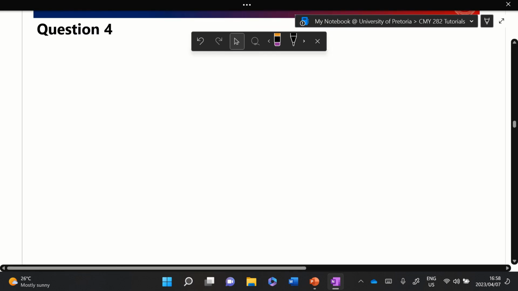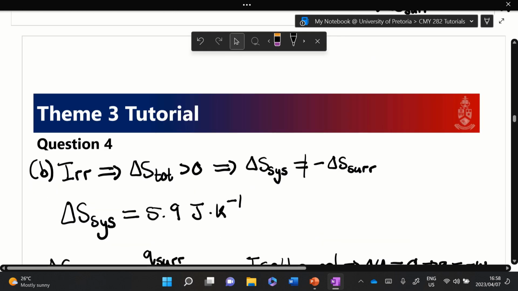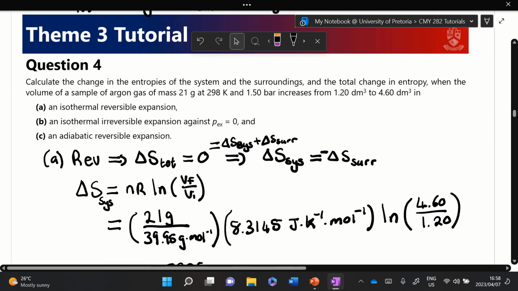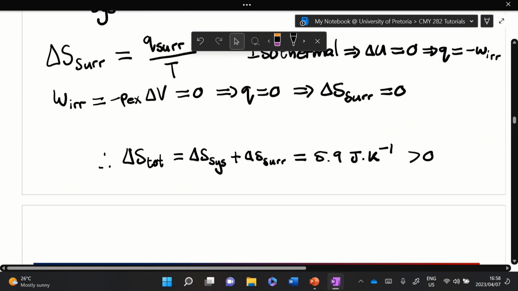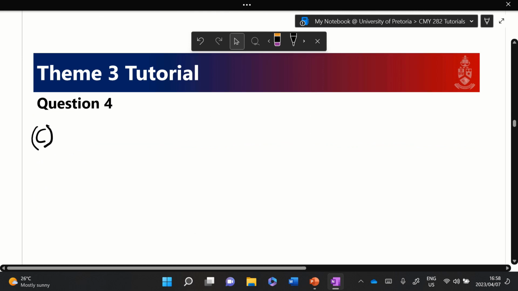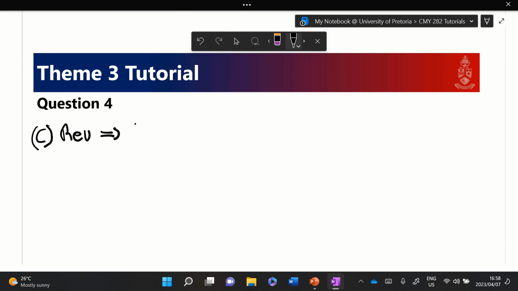All right. So our final question, which I hope alleviates most, or you remember by now, all these things that are useful. An adiabatic reversible expansion. Alright, so we have reversible. So reversible implies what? Delta S total is equal to 0.